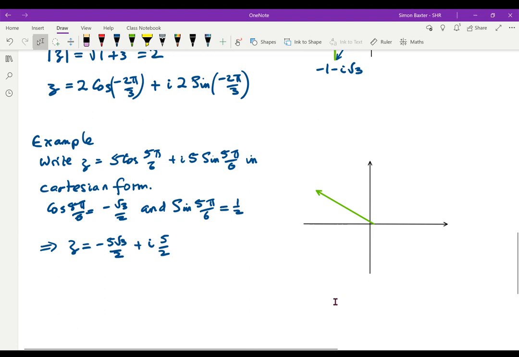So there we are, very roughly. And you can see that the idea that the argument should be 5 pi by 6 is really quite sensible.